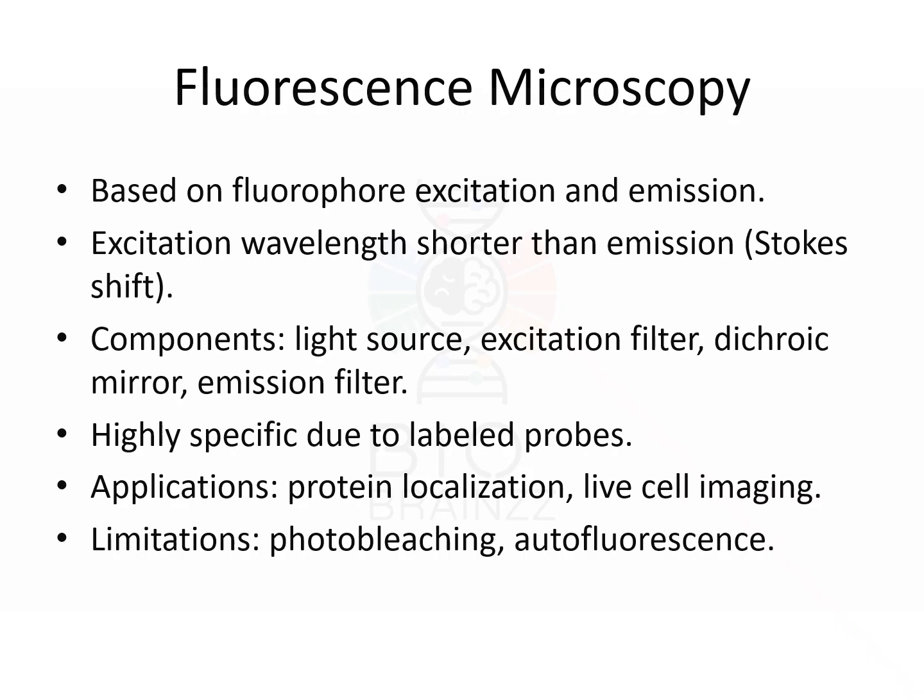This microscope has important components like light source, excitation filter, dichromatic mirror, and emission filter. It is highly specific and is used for protein localization and live cell imaging. However, it has some limitations like photobleaching, where fluorescence decreases over time, and autofluorescence, where unwanted signals are produced.